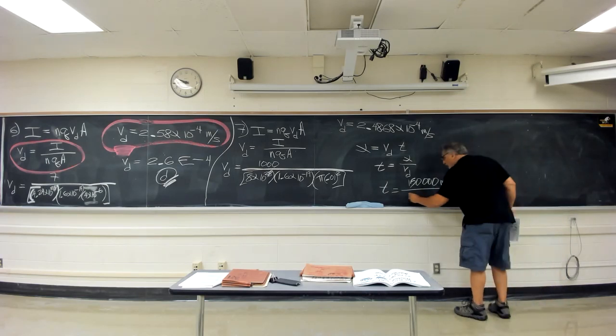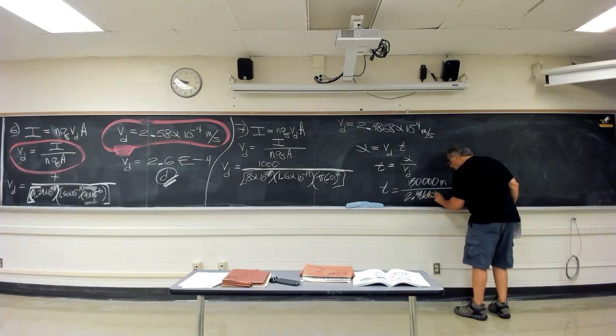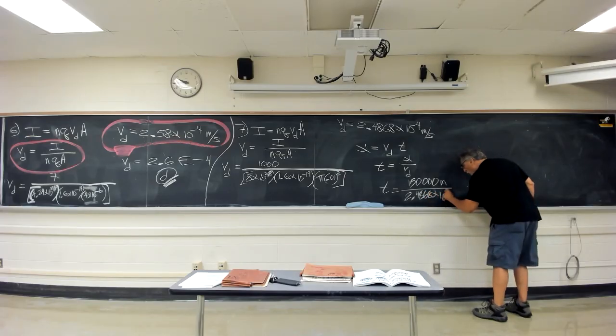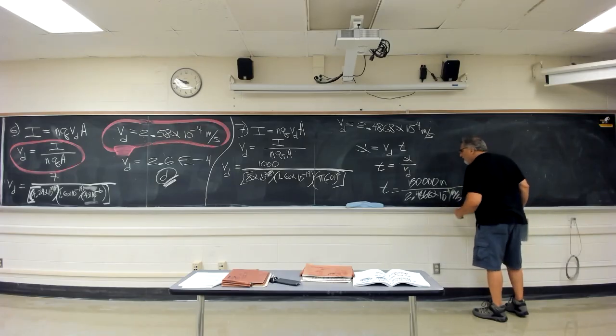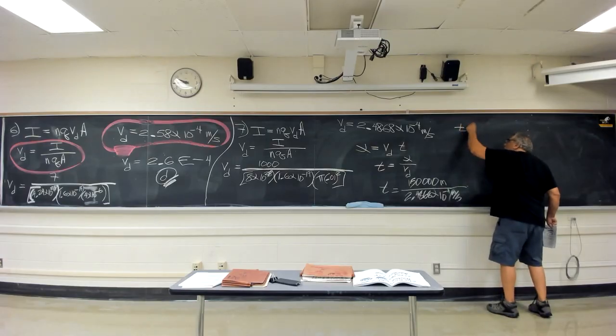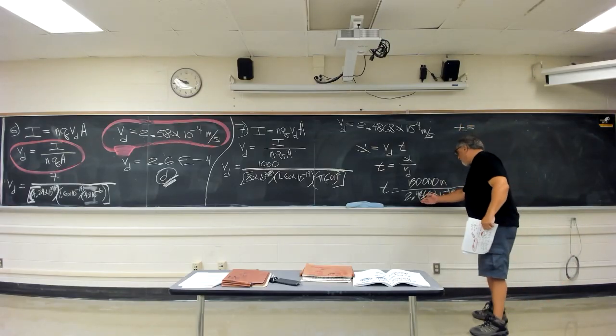This right here is 2.48, almost 2.5, 2.4868 times 10 to the negative 4 meters per second. Notice how you need things to cancel out. You got to have the right units going on. This is about 2.5.